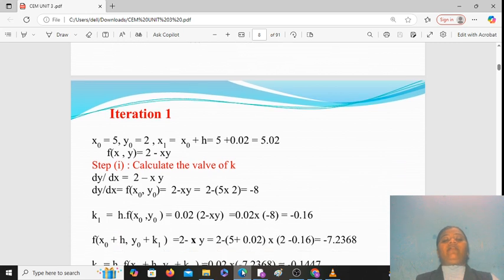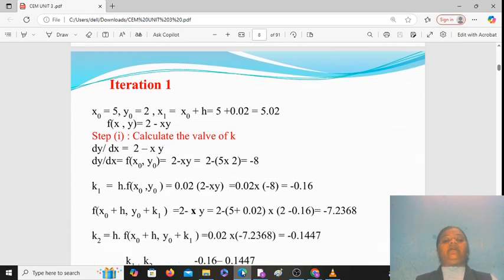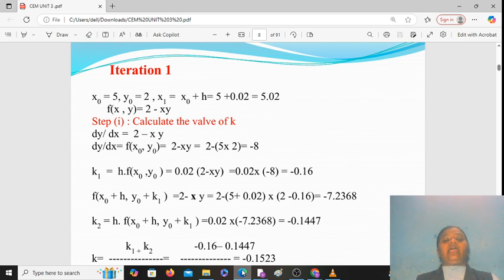Now the first iteration, that is x0 is equal to 5, y0 is equal to 2, and x1 is equal to x0 plus h. x0 is 5 and h is 0.02. We calculate x1, 5 plus 0.02, the answer is 5.02. f(x, y) is equal to 2 minus xy.